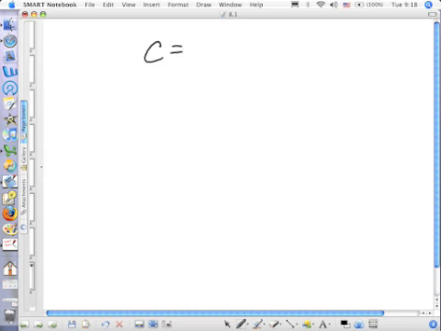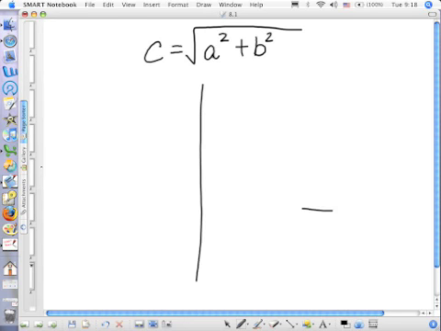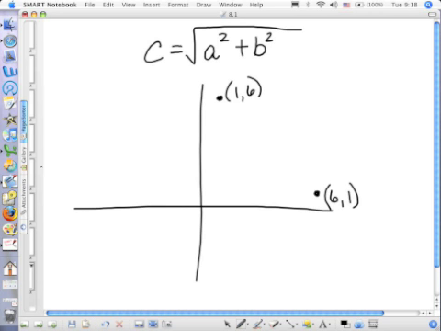if c is equal to the square root of a squared plus b squared, and I have an xy axis, and let's say I have a point here at (1, 6), and a point here at (6, 1). And I want to find the distance between those 2 points.